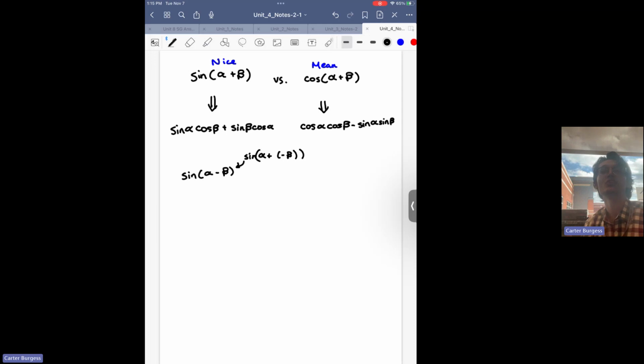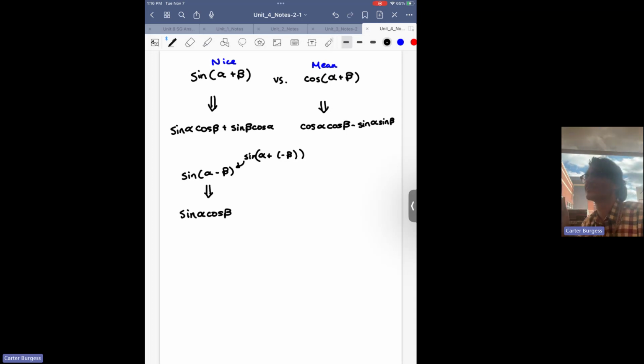In particular, when we do, what is cosine of negative beta going to become using our even odd properties? Cosine of negative beta is the same as cosine of beta because cosine is an even function. So this is sine of alpha, cosine of beta, which has not changed.